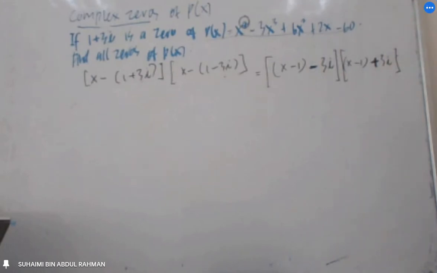So, nothing difficult. So, x minus 1 multiplied by what?